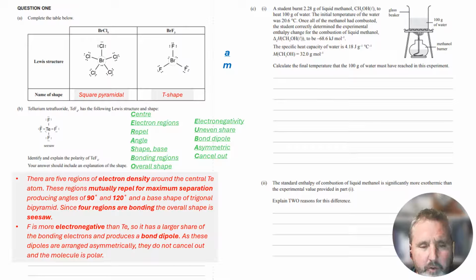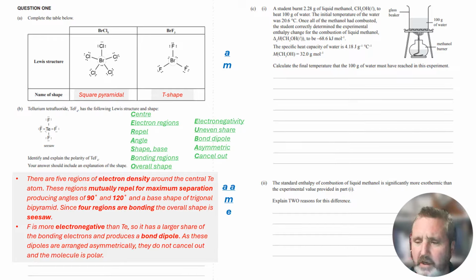Now, if we include all of these parts, we're going to get the excellence. If we only explain one of these components, so if I explain the shape right, I'm getting the merit. If I explain the polarity correctly, I get a merit as well. You only get 1 merit, but you have one of them right.